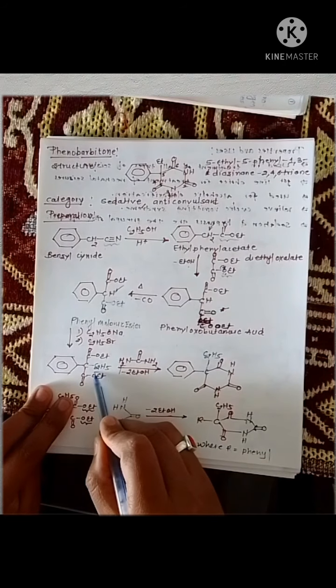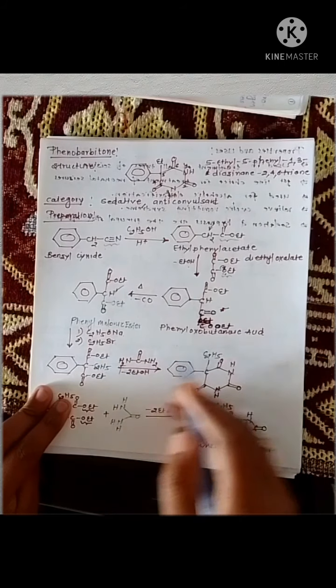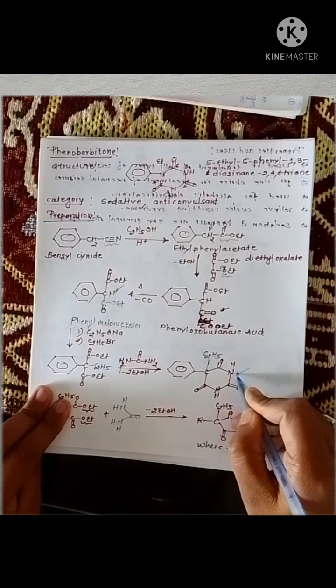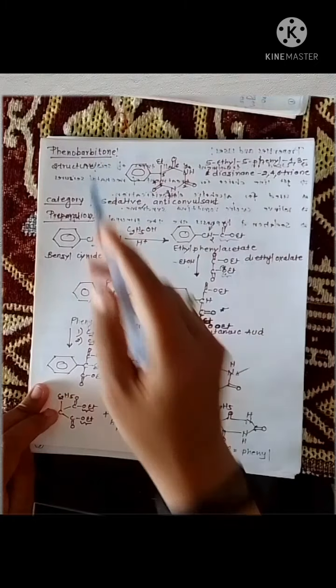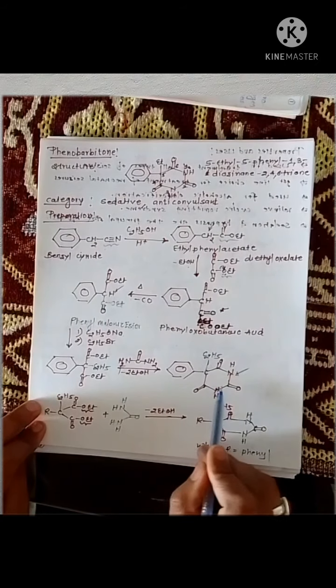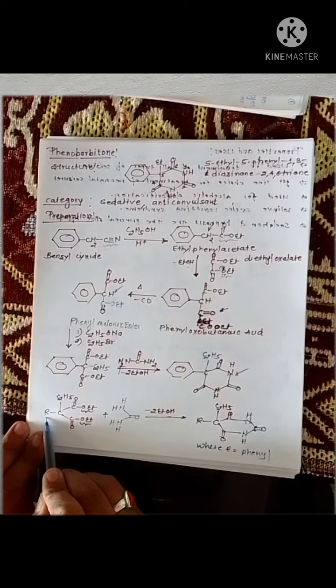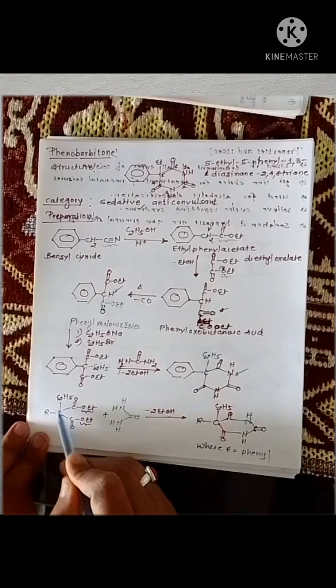When this compound is reacted with urea, it forms a heterocyclic compound, which is nothing but phenobarbital. Just see here how this cyclization process goes. This R is basically the phenyl group, and the structure is written this way.